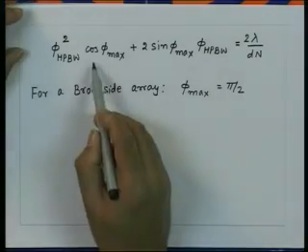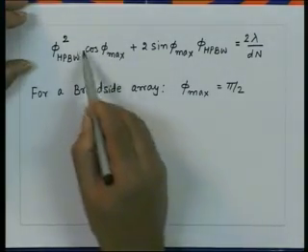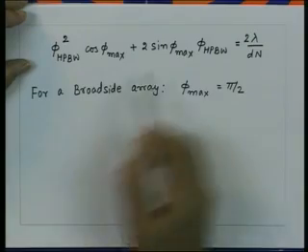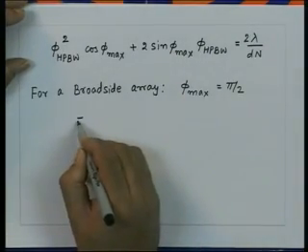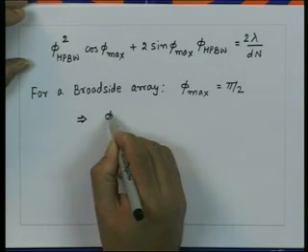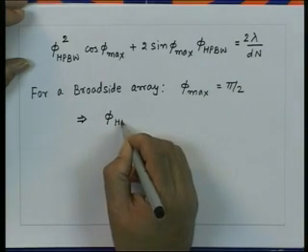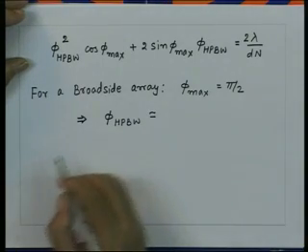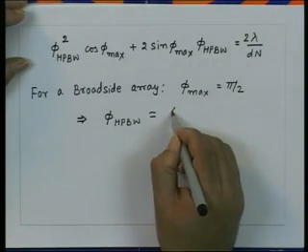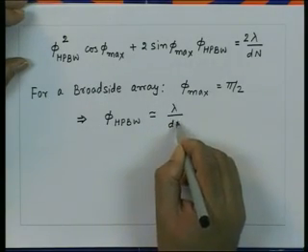So, I can substitute here phi max equal to pi by 2. So, this will go to 0, this will be equal to 1. So, I get from here the half power beam width for the broadside array, which is approximately equal to lambda upon dn.